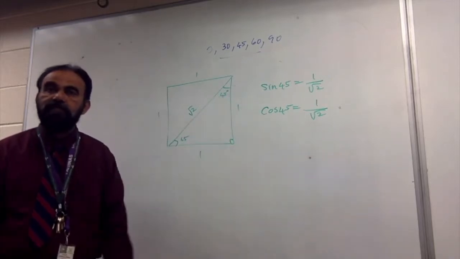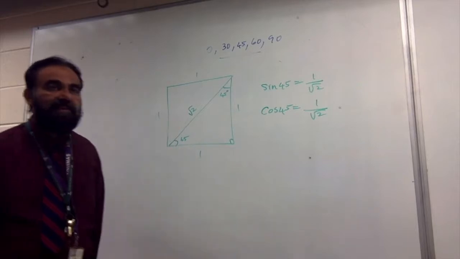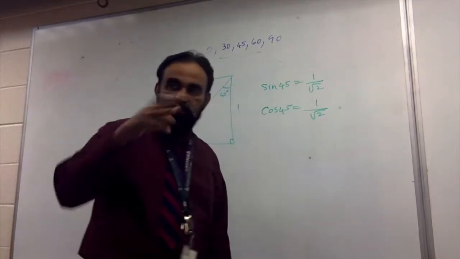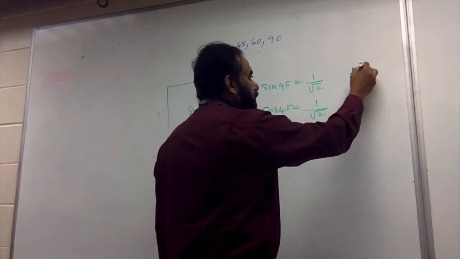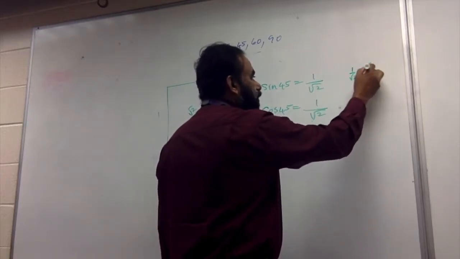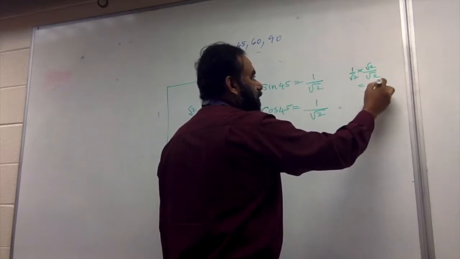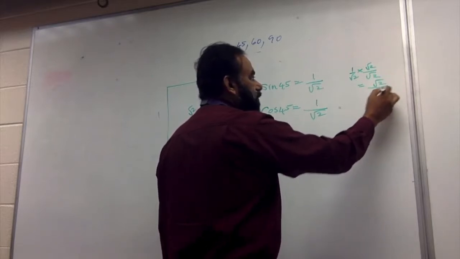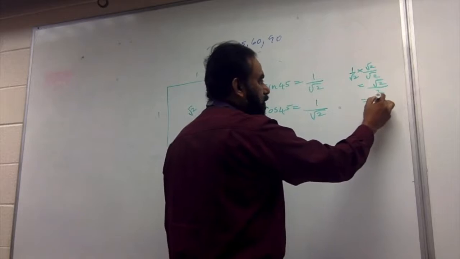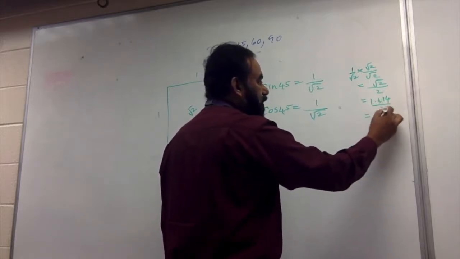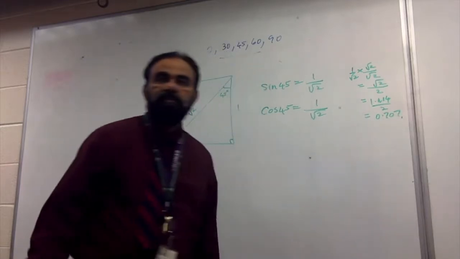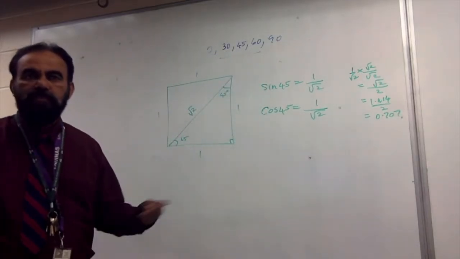It's always the case. And you know what rationalizing is, right? If you rationalize this, 1 over square root of 2 times square root of 2 over square root of 2 gets you square root of 2 over 2. And square root of 2 is 1.414, so divided by 2 gives you 0.707.